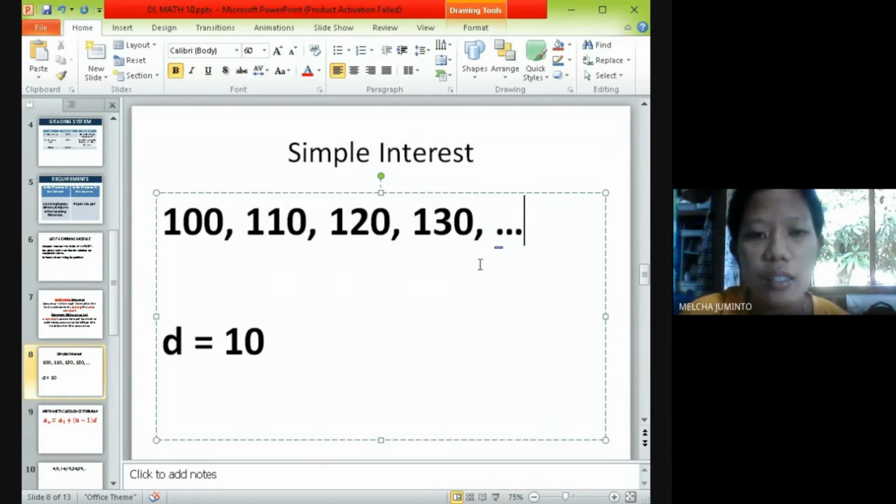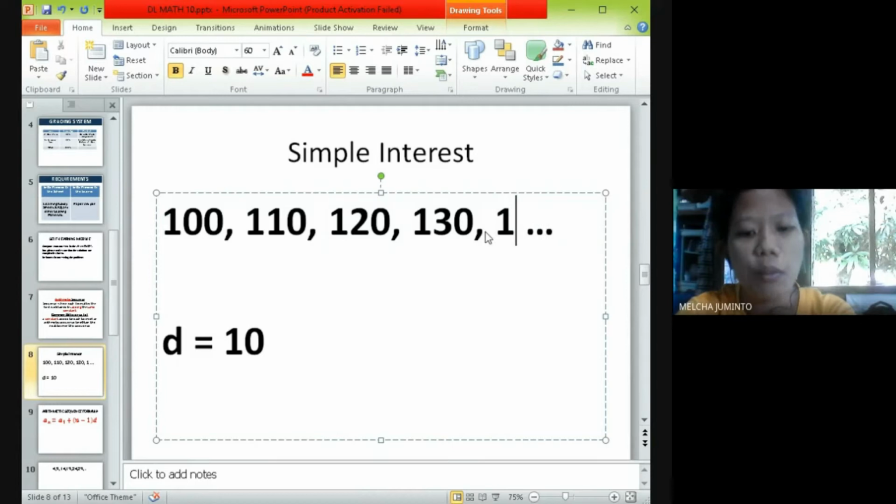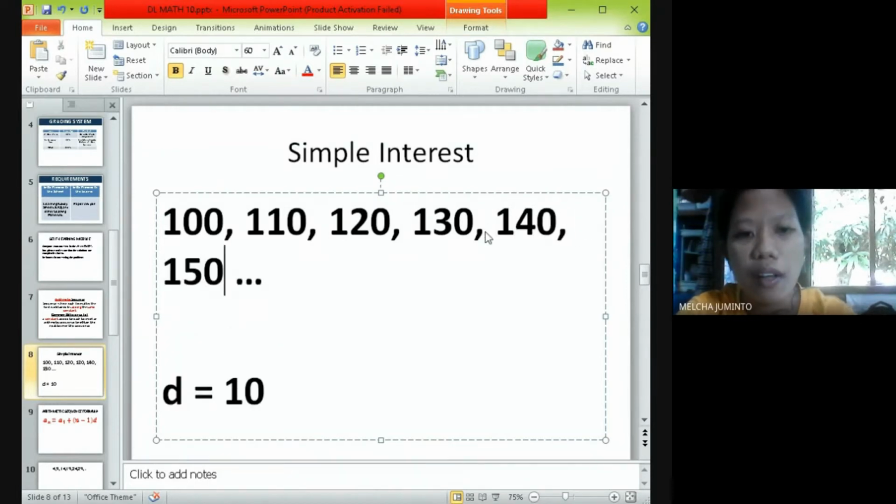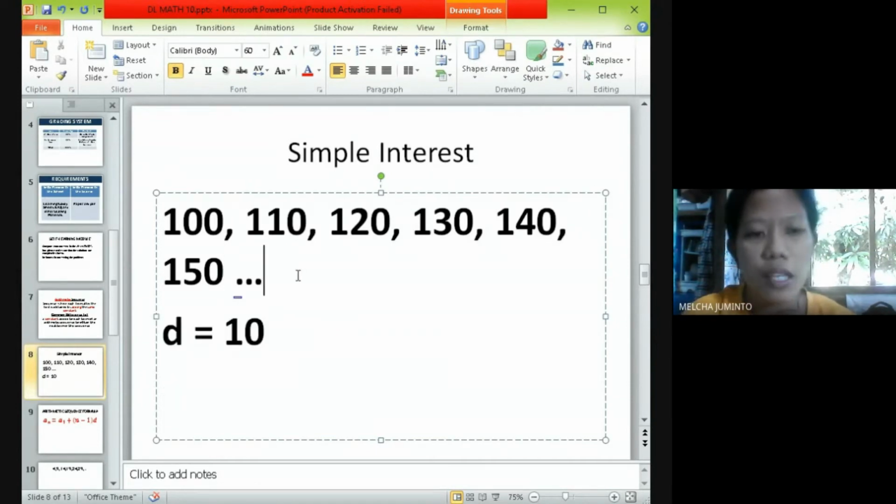Di ba? Instead of writing isa-isa, 130 plus 10, 140, and so on, hanggang makarating ka dun sa ika-36, we need a formula in order to easily find that answer. And that will be the topic in this learning activity sheet, to easily find the nth term, or the number that will fall in that position in the pattern.